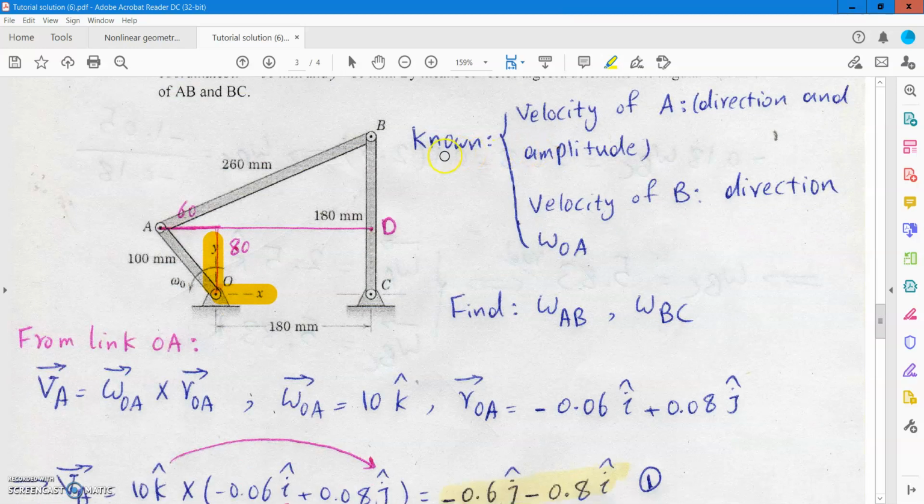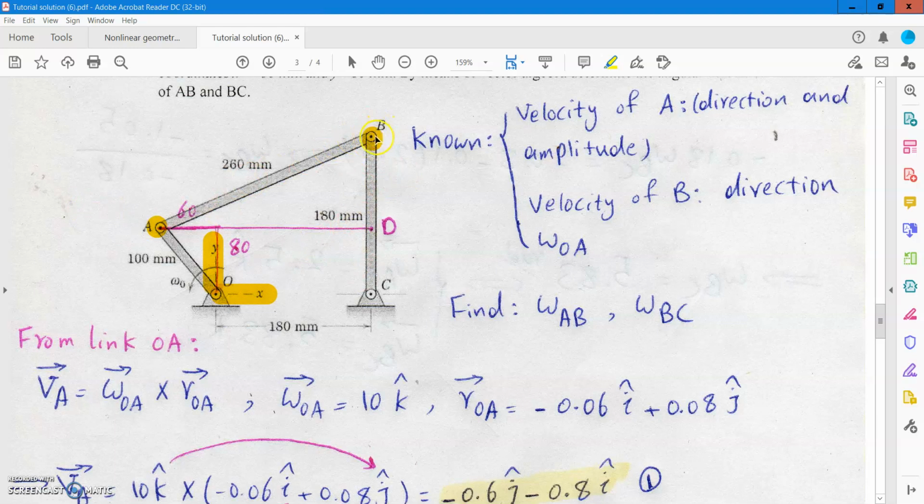Again, here we have solved a lot of problems like this. It's pretty simple. We know the direction of the velocity of B, and also we know the velocity of A completely, the direction and the amplitude. Also we know the angular velocity of link OA, and we need to calculate the angular velocity of links BC and AB.